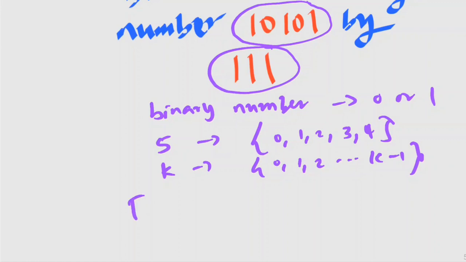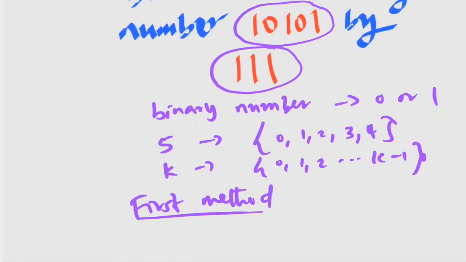Okay, now for the first method, recall it implies converting the two numbers to base 10. And don't forget, converting a number to base 10 is not difficult.